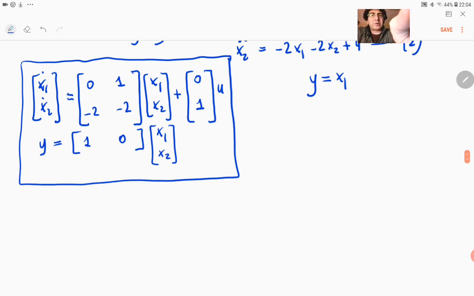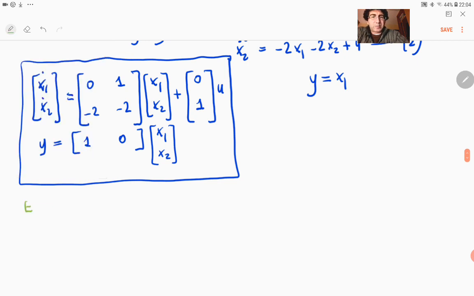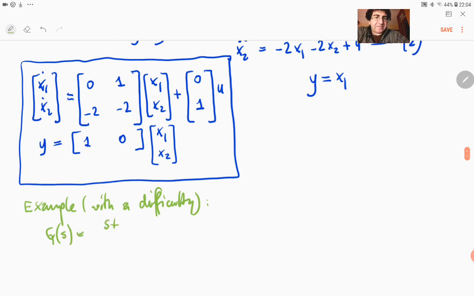Let me give you an example of where the problem appears. Example with a difficulty: the difficulty happens when you have zeros. Let us consider the same example, but this time we have a zero in the numerator. So I have s plus 2 over s squared plus 2s plus 2, which is Y(s) over U(s).